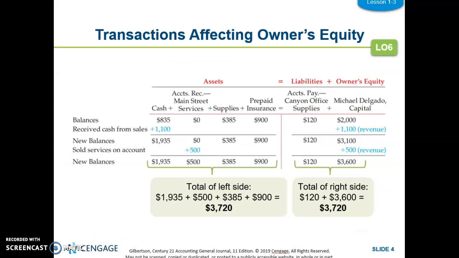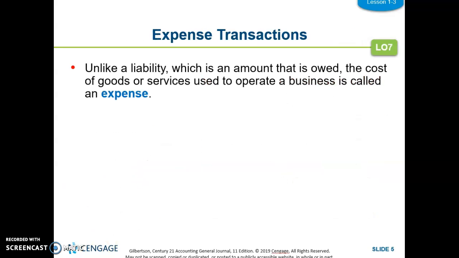It's always important to check that your accounting equation is in balance, and you can do this anytime by totaling the left side and totaling the right side of our balances that we have at the end. We're also going to have some expense transactions. Now, unlike a liability, which is an amount that is owed, the cost of goods or services used to operate a business is called an expense.